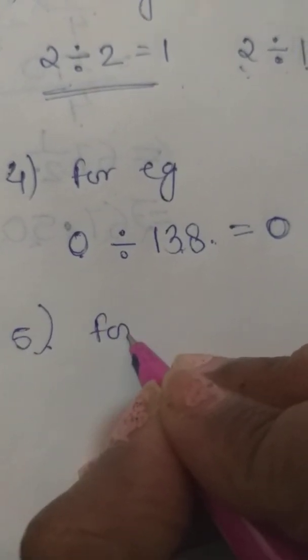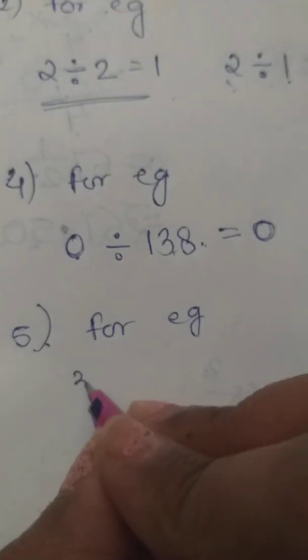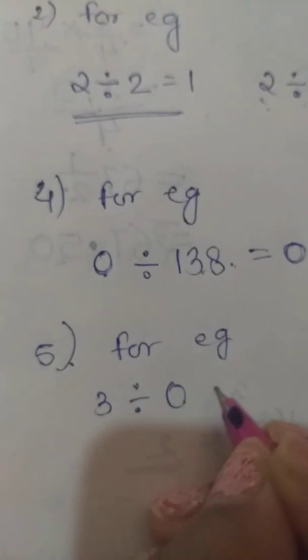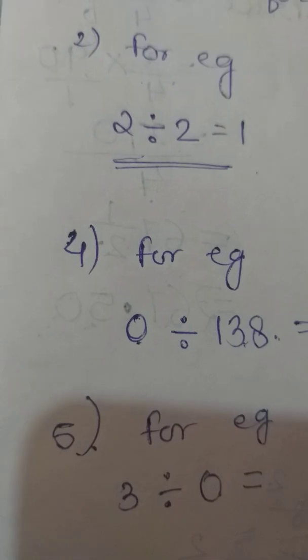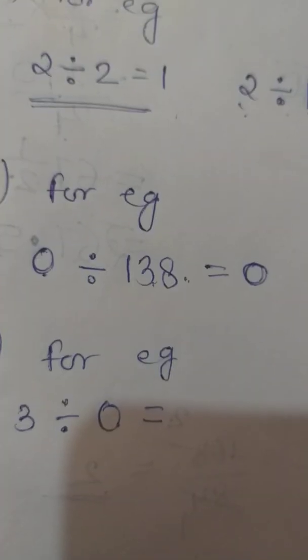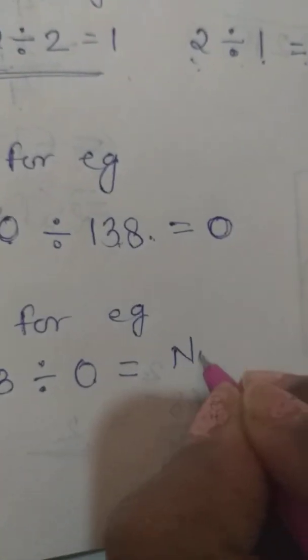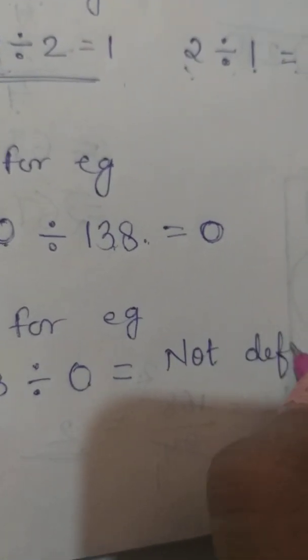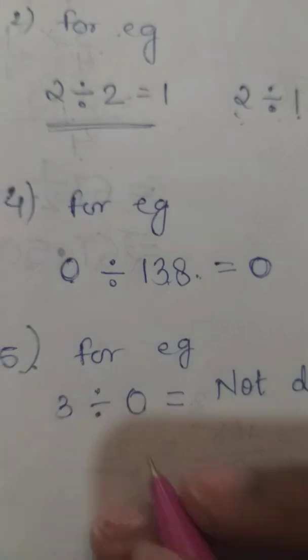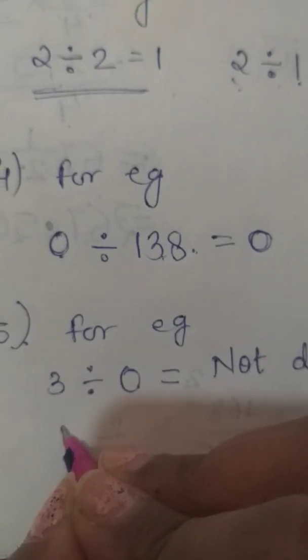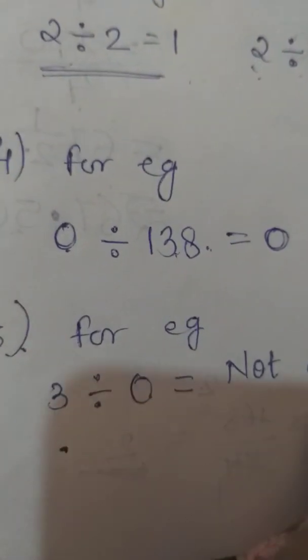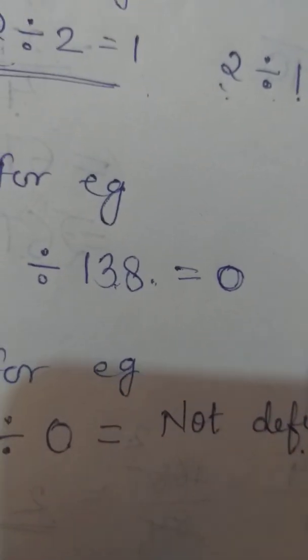For example, 3 divided by 0 is not defined. So here I'll write the above statement is true.